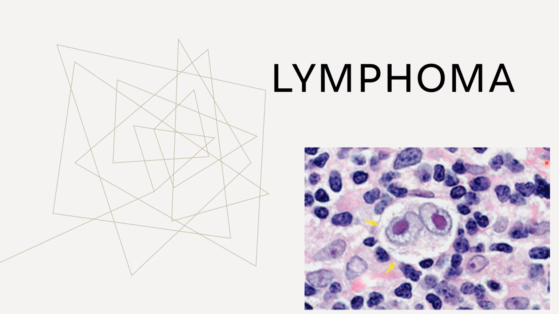So the most dominant or most common lymphomas are derived from germinal centers or post germinal centers B cells.